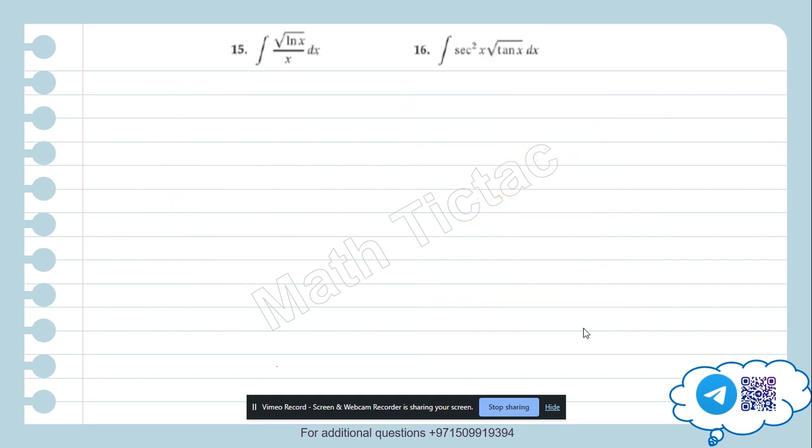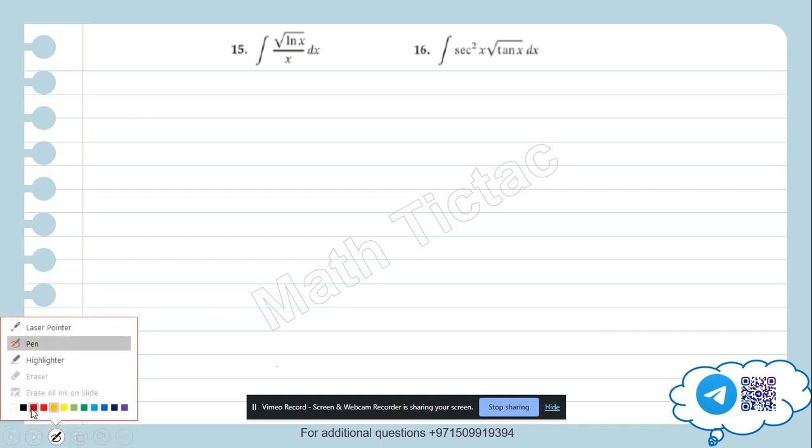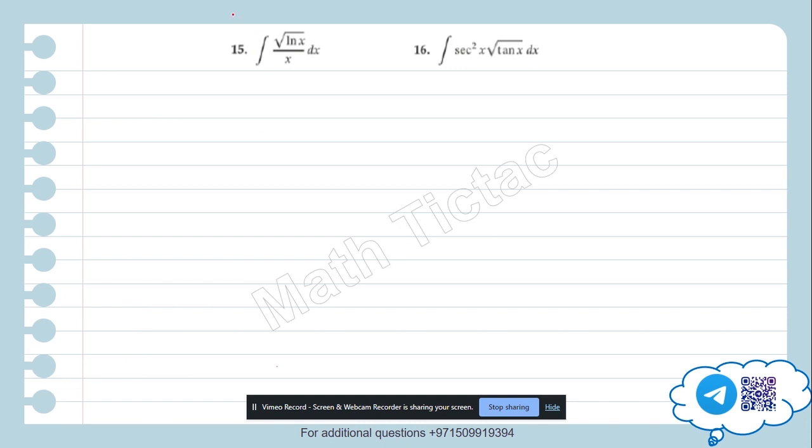Okay, now the end of this part, which is we have these two questions. So let's start with the first one. Question 15. Now the derivative of ln x, the derivative of what inside the ln, which is 1, over what inside the ln, which is x. So we can find the derivative or part of its derivative, which is 1 over x. So in here, I will say u is equal to ln x.